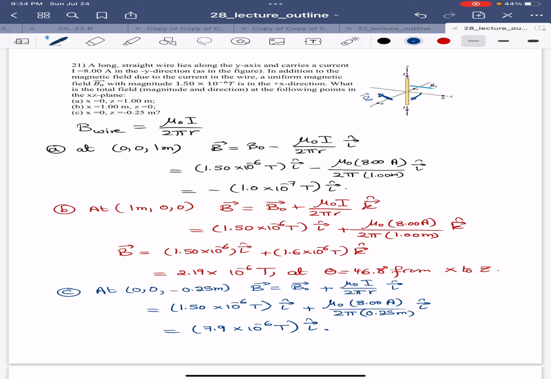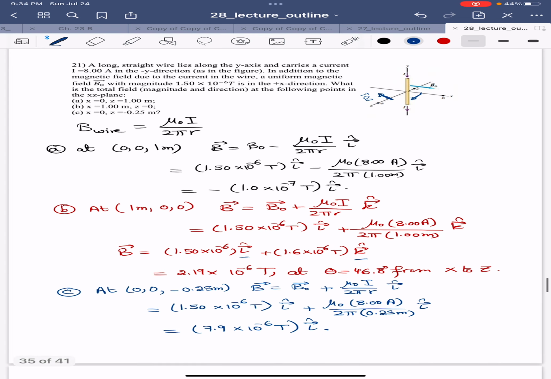Therefore, I will say the magnetic field is going to have a component along the x-axis and a component along the k, the z-axis, and then I can again use Pythagorean to calculate the magnitude of the field and the angle.